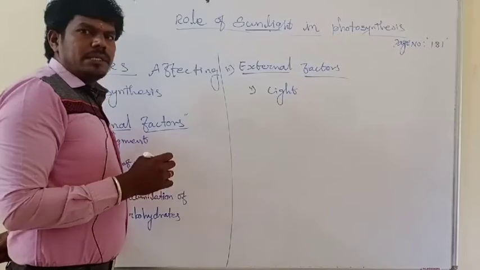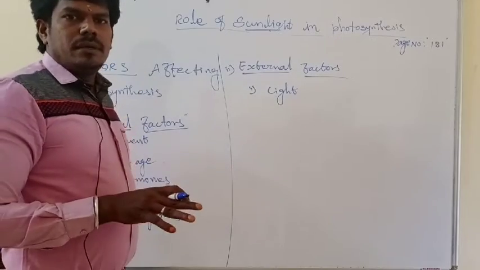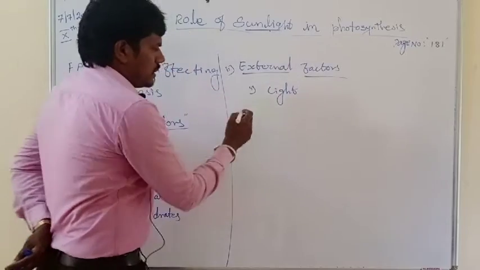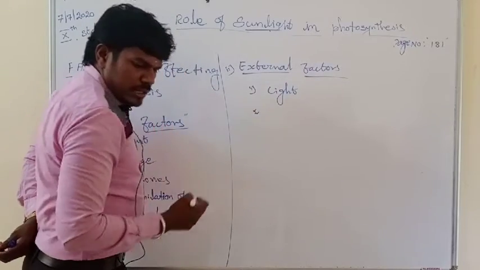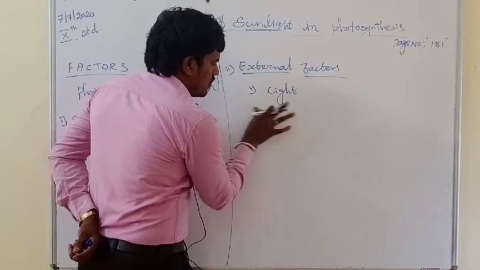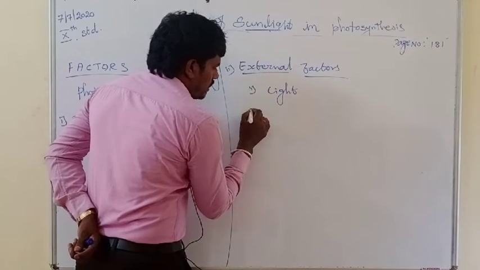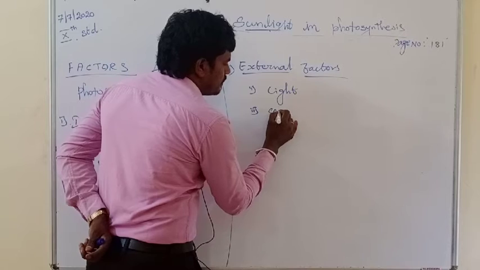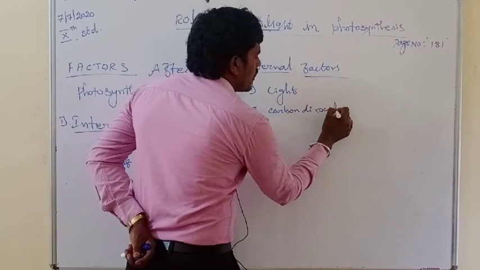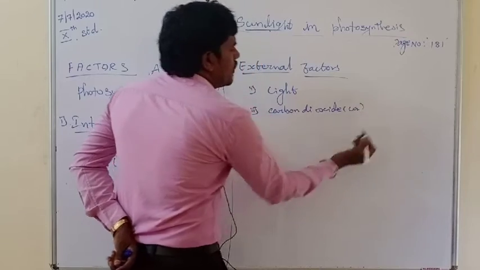If light is absent, photosynthesis will not happen, because light plays the main important role. Second one, carbon dioxide, or CO2.